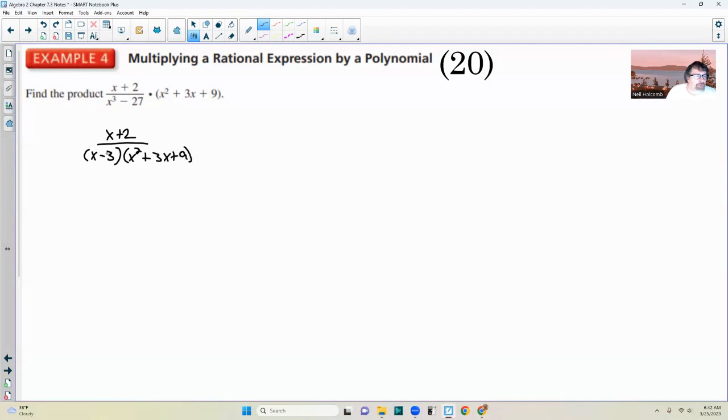So if you don't remember, it's a minus b, a squared plus ab plus b squared. Okay, anyway, we get that. And then I'm going to just extend that and then multiply by, and this is x squared plus 3x plus 9.